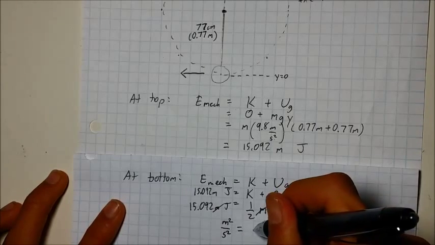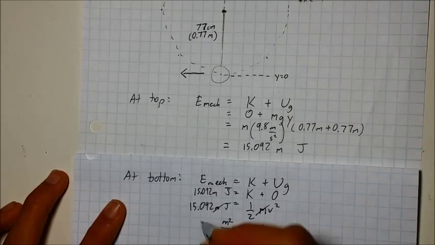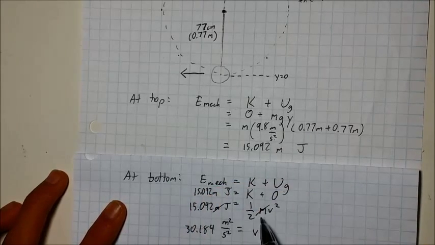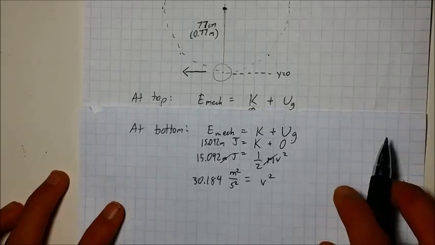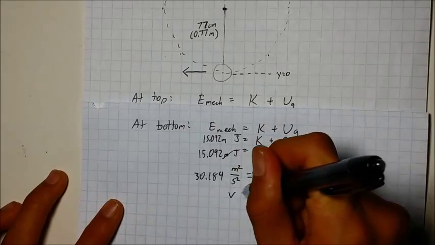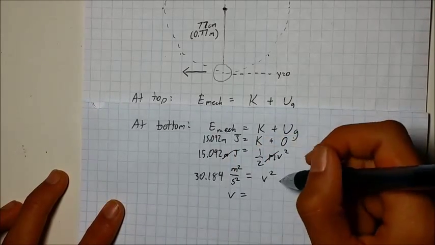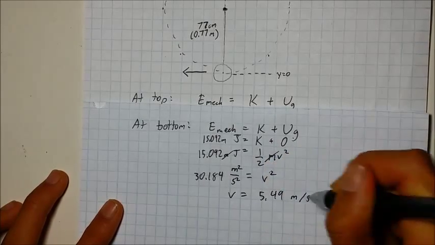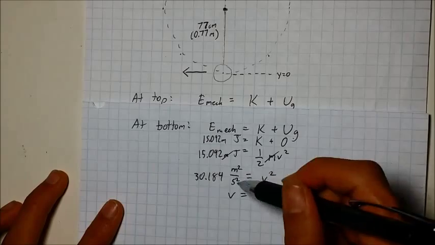Multiply 2 on both sides, and we get 30.184. So basically, what I just did is multiply 2 on both sides and divide by m on both sides. Now, if we take the square root of both sides, we would get 5.49 meters per second, and that would be our final answer.